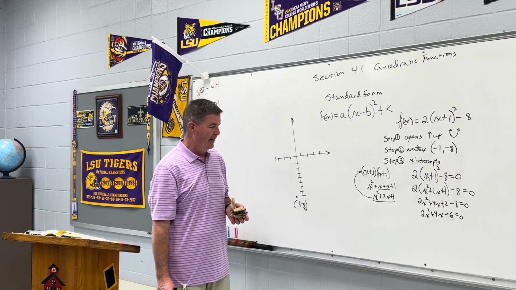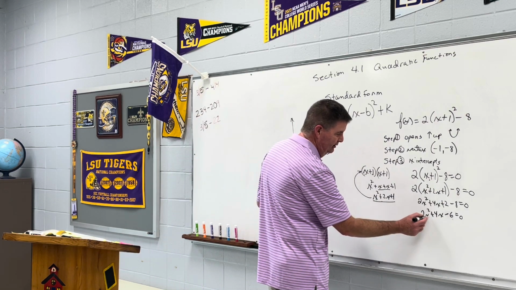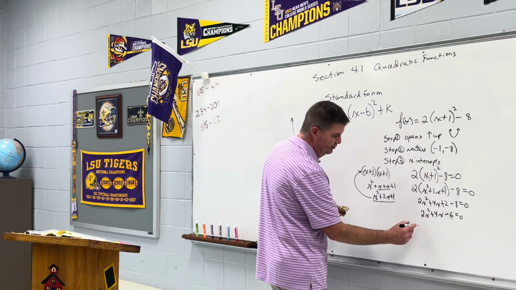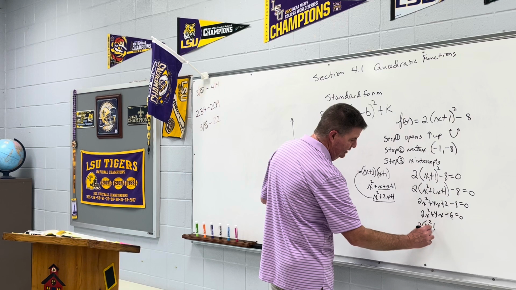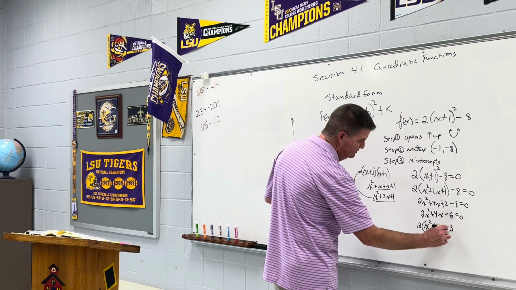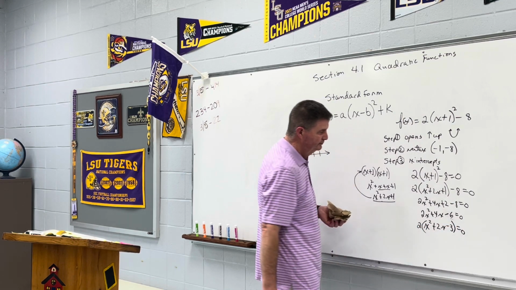Now I can factor out a 2, because all of them have a 2 in it, giving me 2 times x squared plus 2x minus 3 equals 0.